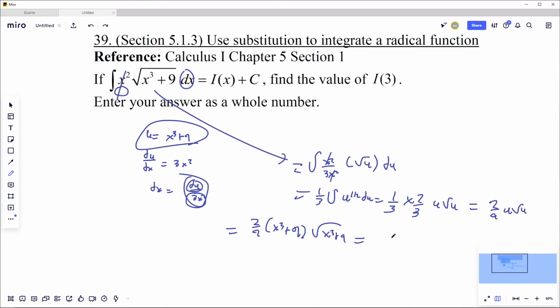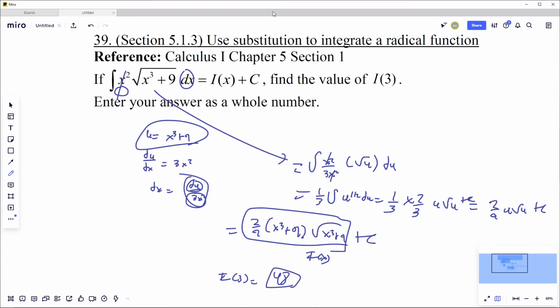So it's 2 over 9, plus c, and this itself is I of x, and I of 3 is, so let's put that in the calculator. You get 2 over 9 times 3 to the power 3 plus 9 times square root of 3 to the power 3 plus 9, and you get 48, which is the correct answer.